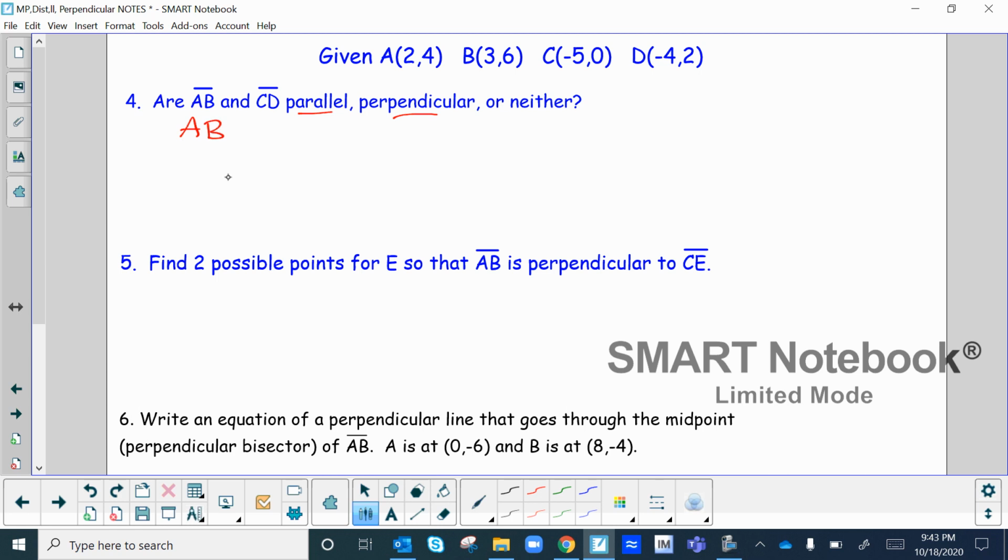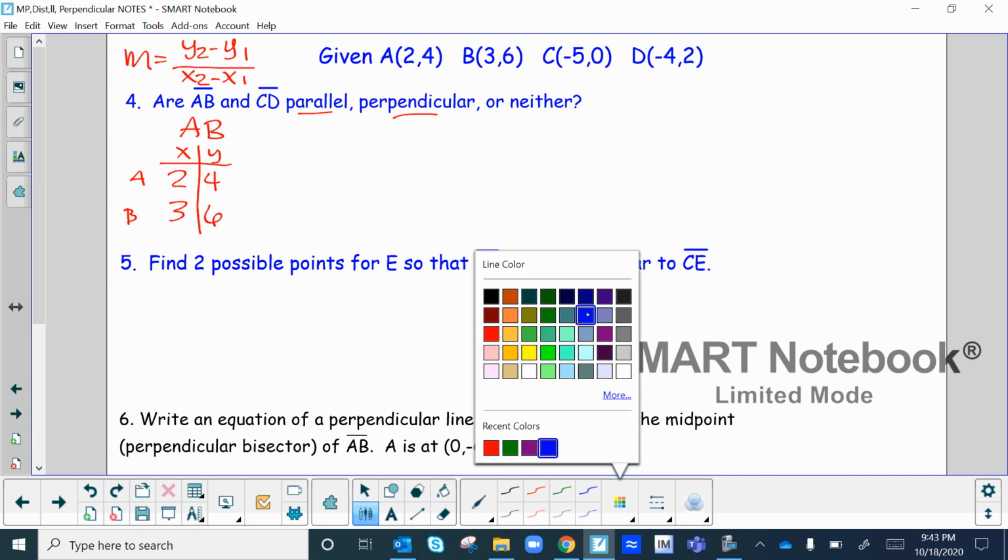You can either use the slope formula, which looks like this, y2 minus y1 over x2 minus x1, or some kids just like to see it in a little table. Okay, so A was 2 comma 4, and so I'm going to put a little a right there, and B is 3 comma 6.